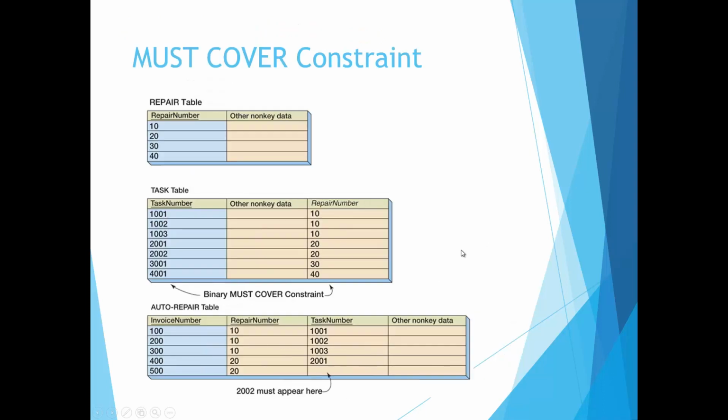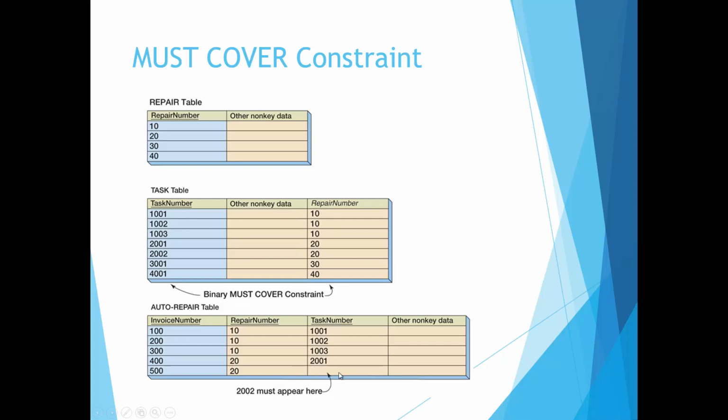In the must cover constraint, if tasks number 2001 and 2002 can be covered by repair number 20, then the invoice created must cover the repair done on those tasks, for that 2002, and it should appear in the missing cell down here.